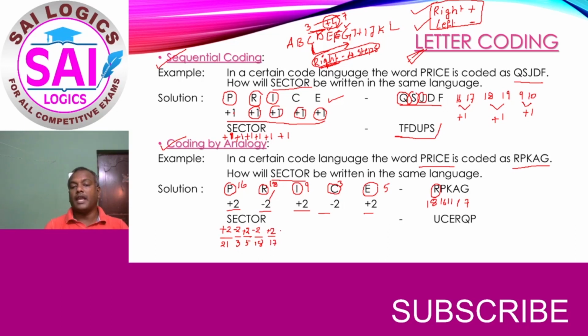R is 18, 18 minus 2 is 16. So in the same way, 21 means U, and 3 means C, 5 is E, 18 is R, 17 is Q, and 16 is P. So this is how coding by analogy will be given.